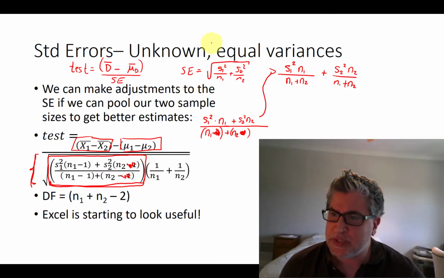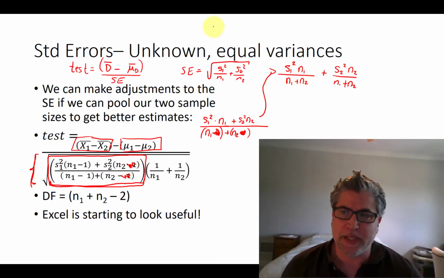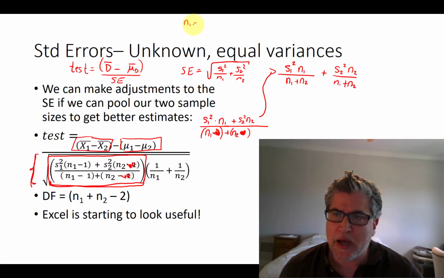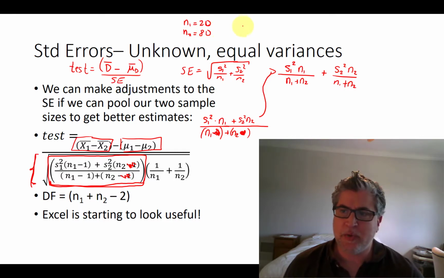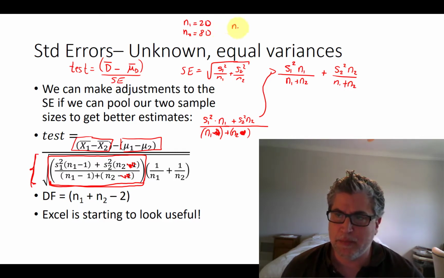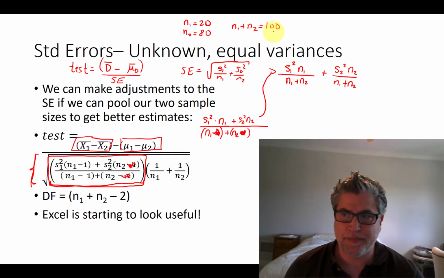But I want you to just think about what this formula means here. Let's say that we had 20 observations in group 1 and 80 observations in group 2. Then what's n1 plus n2? That's 100.